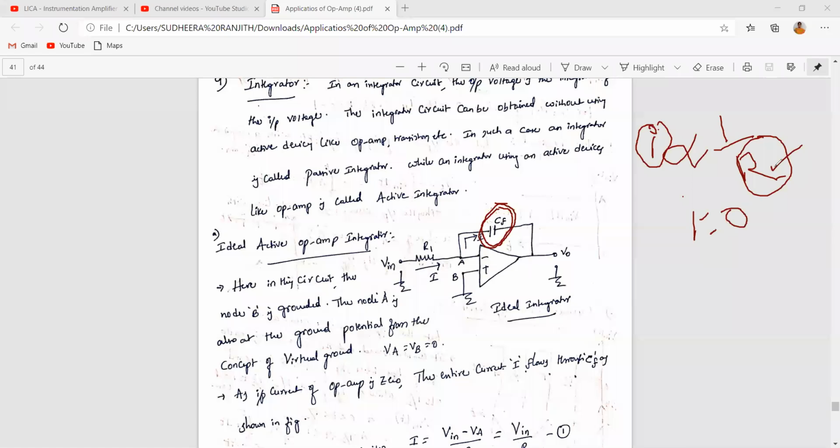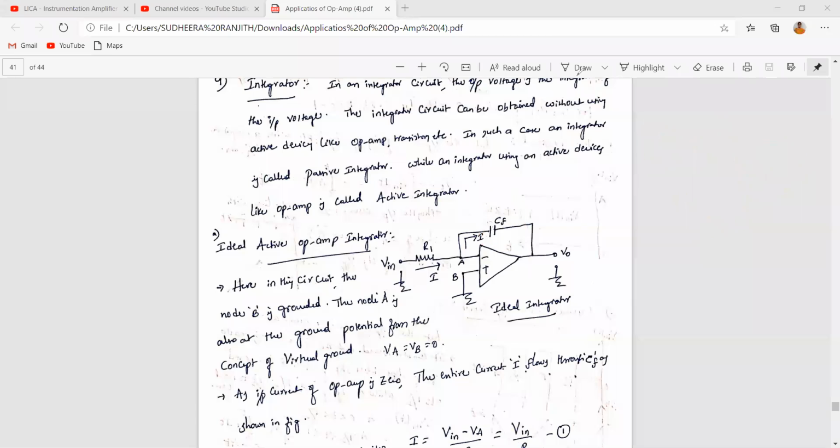If the reactance is large, what about the current flowing through this component? Small.